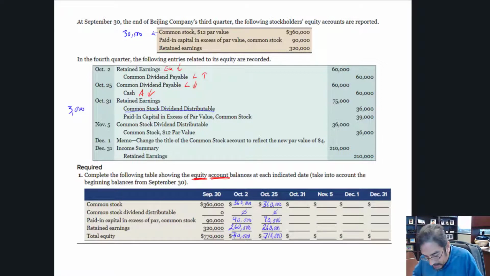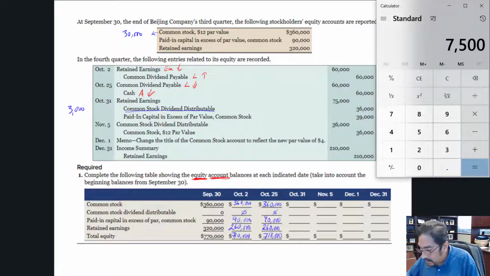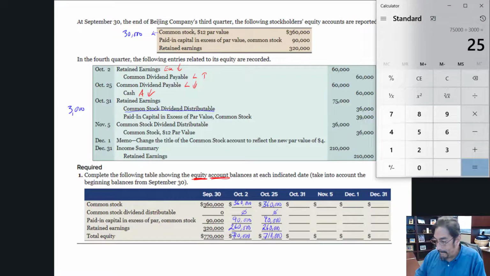So the market value, and this is more than this problem is asking, but other problems may ask you this. The $75,000 that we're hitting retained earnings for is for 3,000 shares. So our market value right now must be $25 a share. This is a small stock dividend. We use market value to help us record it.